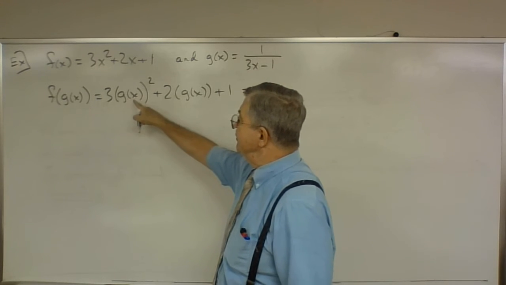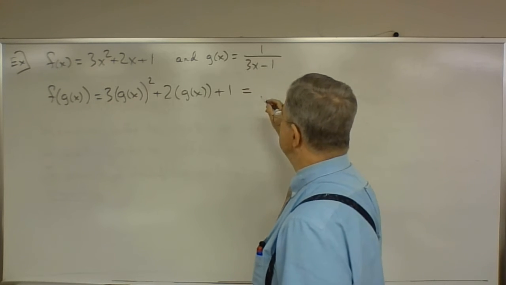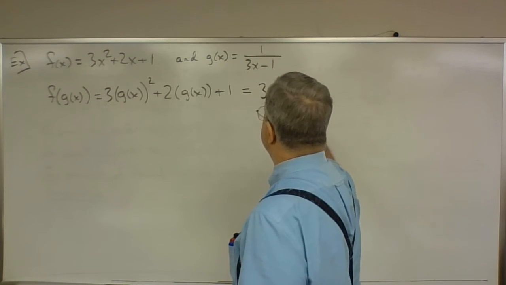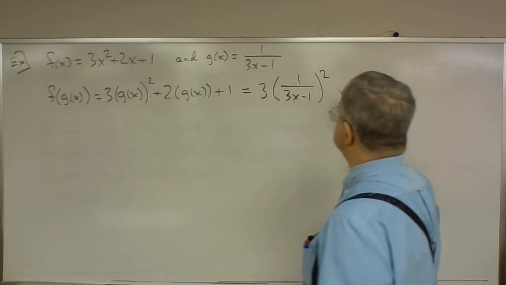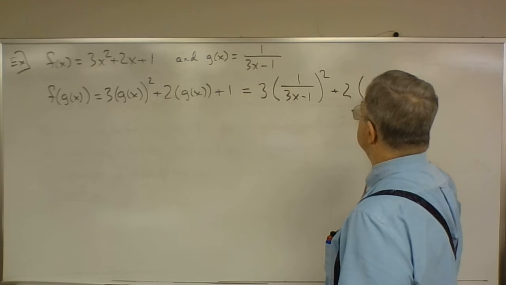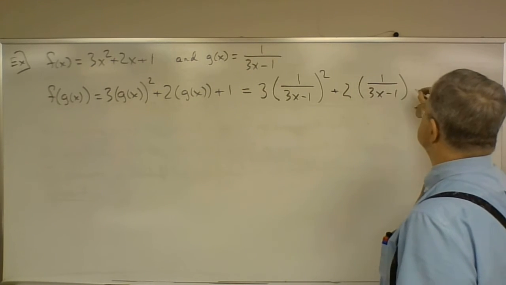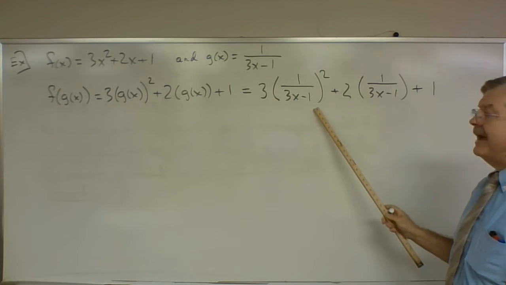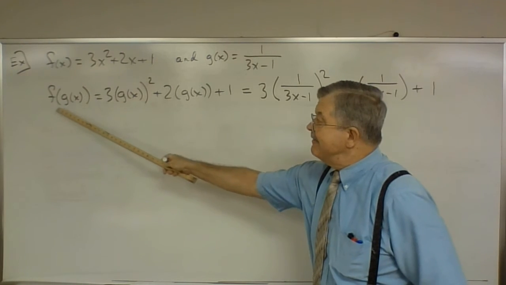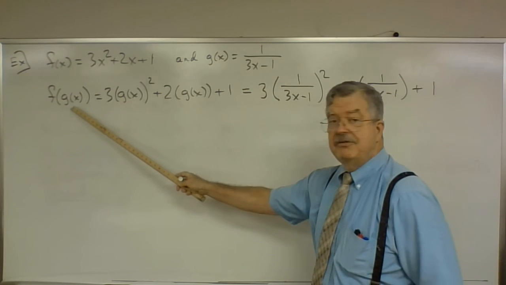And every place that we see g of x here, we'll just put 1 over 3x minus 1. So in terms of x, this is the function f evaluated at g of x, or f composed with g of x.